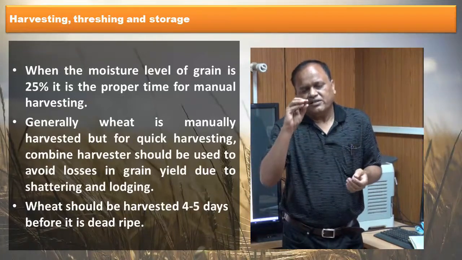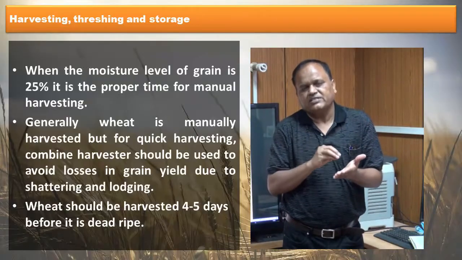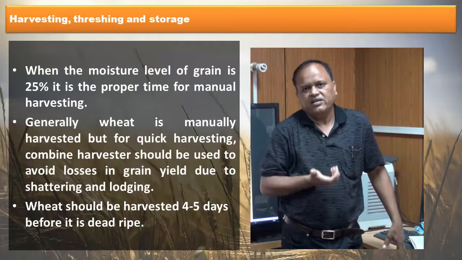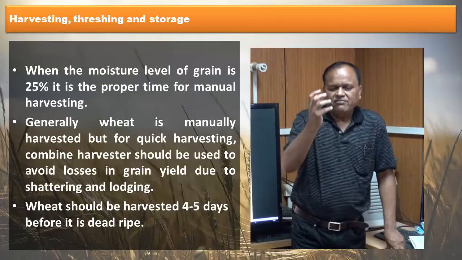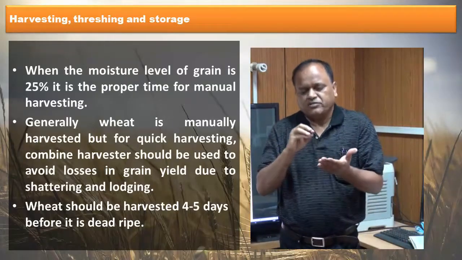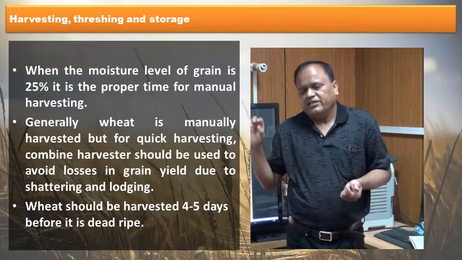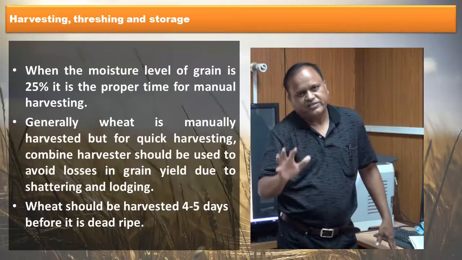So after physiological maturity, what happens? Gradually the leaf starts drying or yellowing, and the moisture percentage in the grain decreases. When the moisture percentage in the grain decreases to 25%, the farmer is advised to harvest the wheat crop.